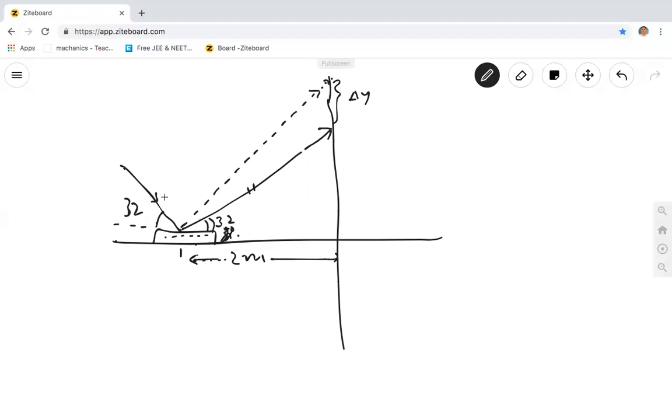If I draw a perpendicular, this is equal to this, right? If I get this angle somehow, I am done. I solved the problem. If I turn this mirror by 5 degrees, if I can know through what angle this ray of light will shift upwards, if I find this angle, I am done.